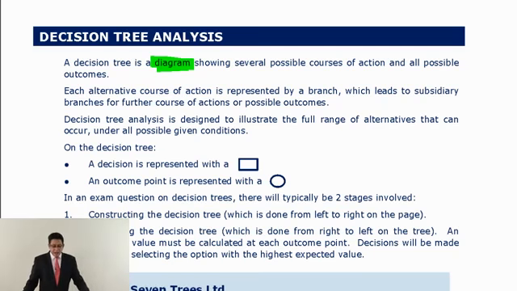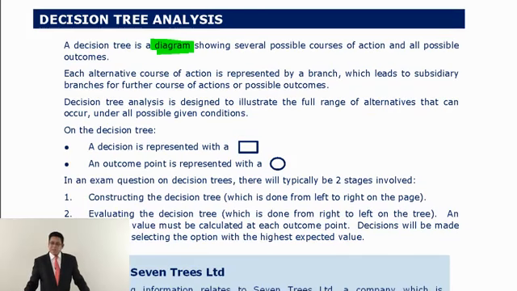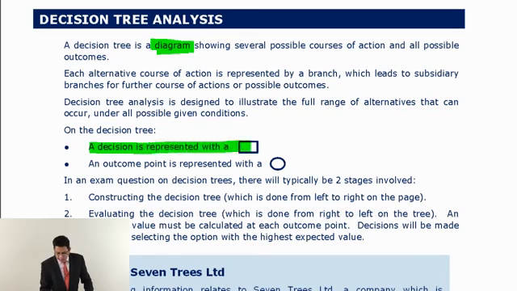There are some symbols we use in this diagram, which I'm explaining here. A decision is represented by a square. Some people call it a decision point. I am standing here, so this point will become a square.